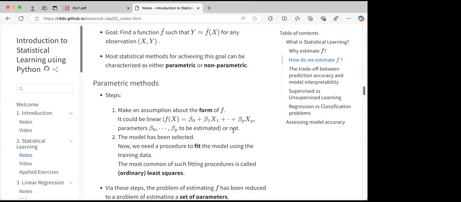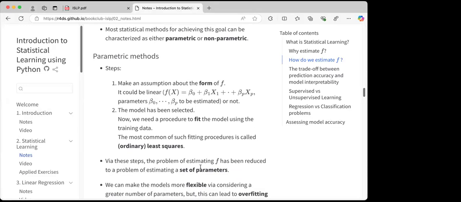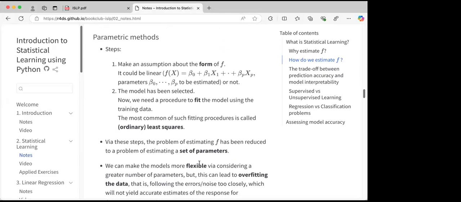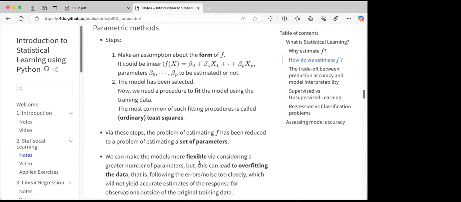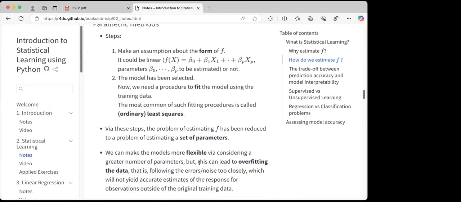Let's say we need an estimator, once we decide that this is the functional form for the model, let's say it's linear. The most common one is OLS, the ordinary least squares method. Through this approach, we could estimate F.